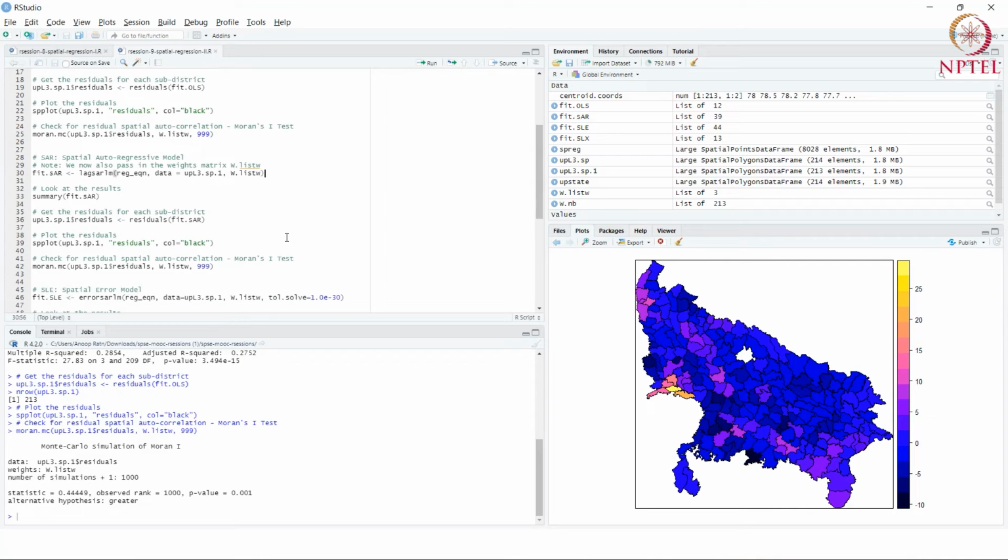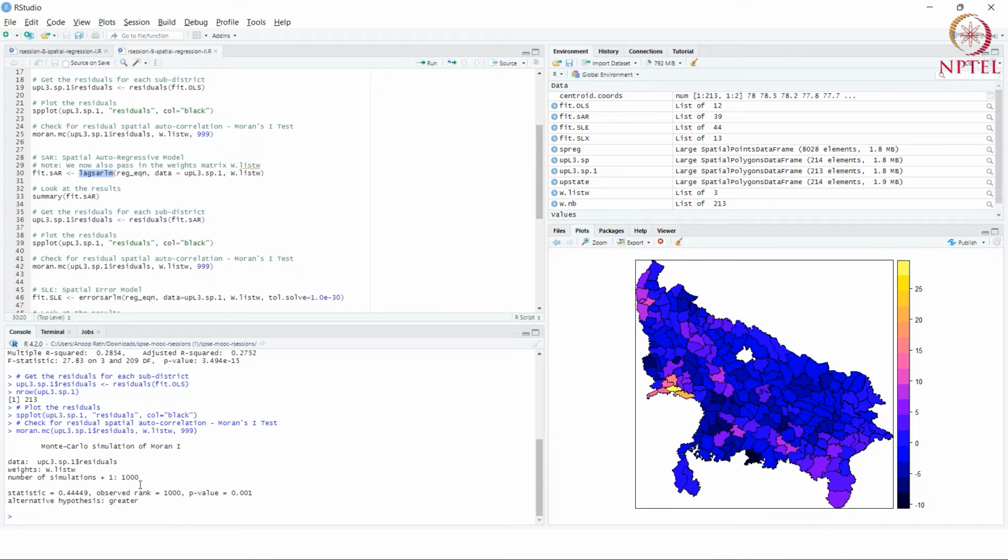So let's run our first spatial regression model. Let's go with SAR, the spatial autoregressive model, first. The command to do that is lagsarlm. Lag means spatial lag, SAR means spatial autoregressive, LM means linear model.